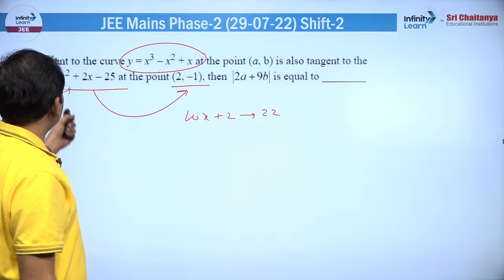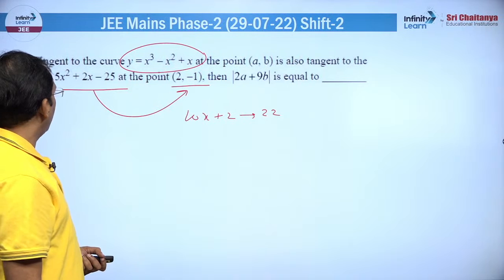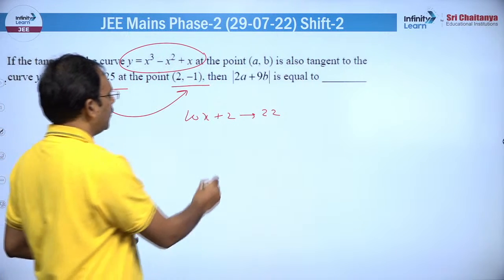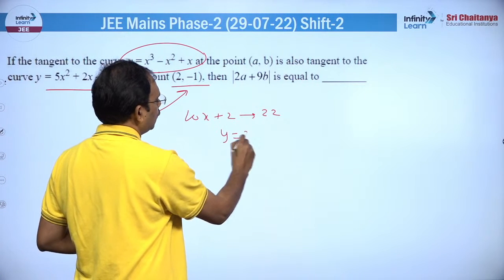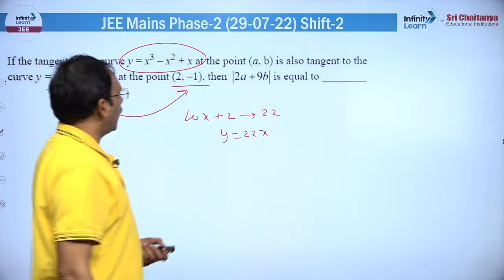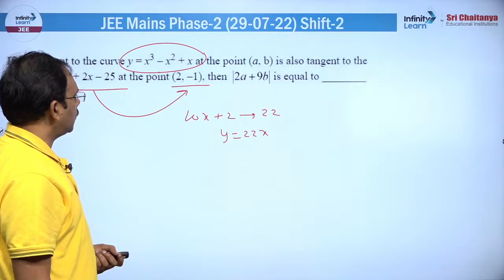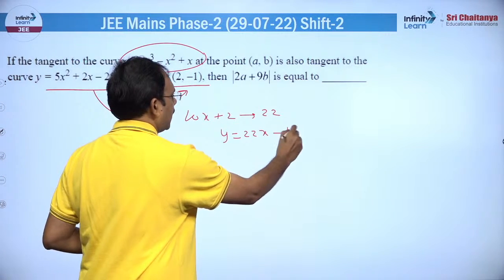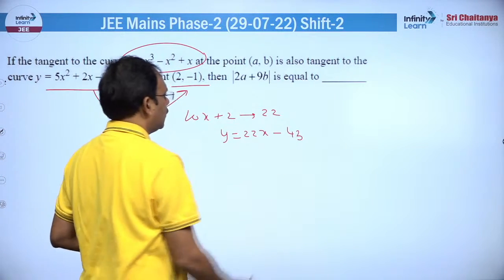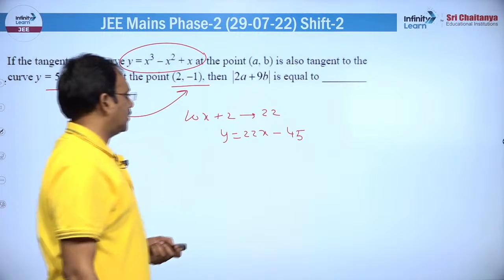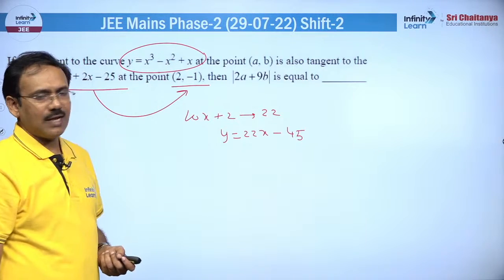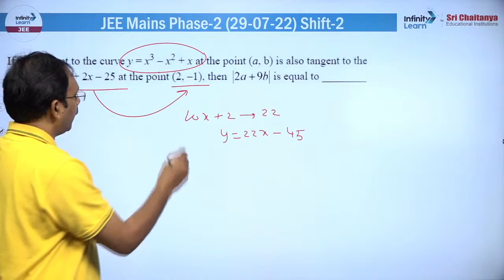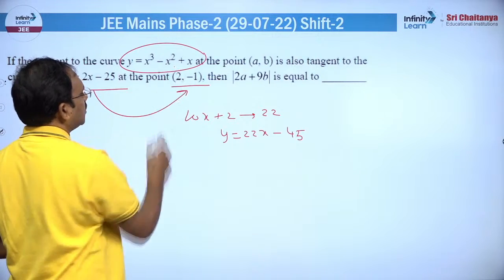So y is equal to 22x, passing through the point, minus 45 is going to be the tangent. This particular curve is also tangent to this, my dear friends.